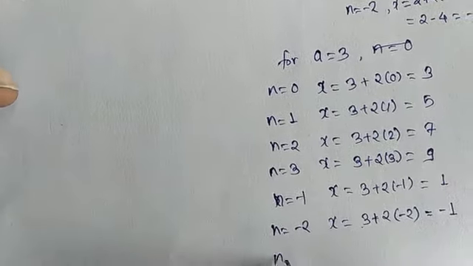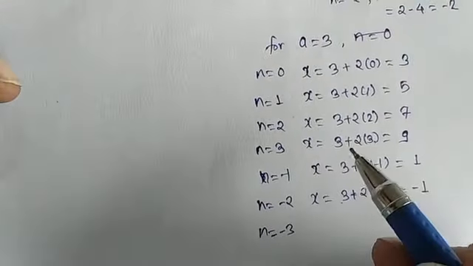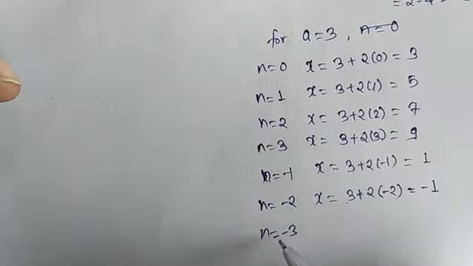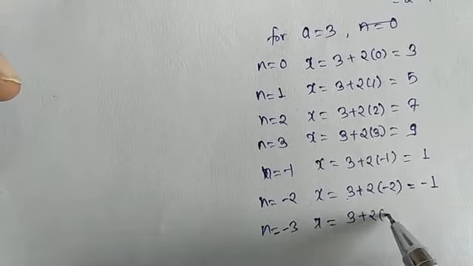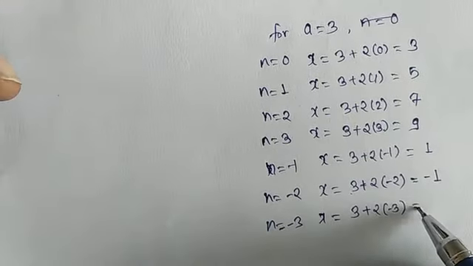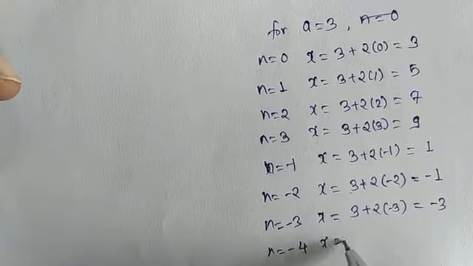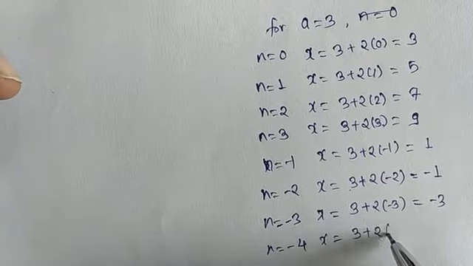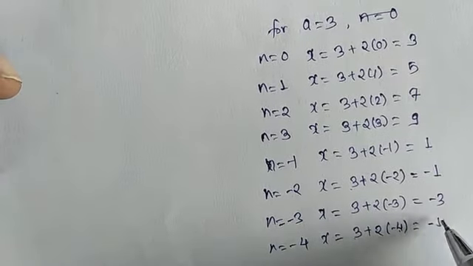For n is equal to minus 3, we are taking only integers here because we are given the set of integers. So x is 3 plus 2 into minus 3, which is minus 6 plus 3, equal to minus 3. And for n is equal to minus 4, x is 3 plus 2 into minus 4, which is minus 8 plus 3, which is minus 5.